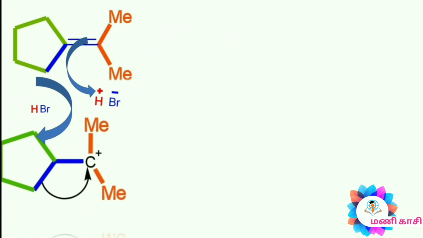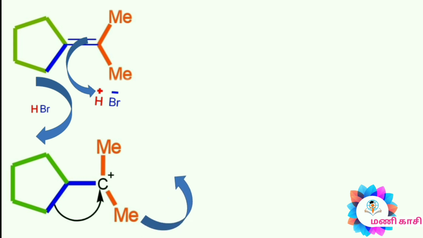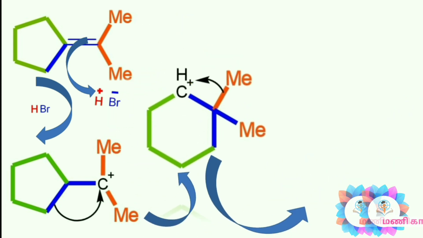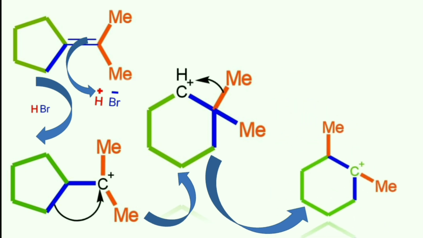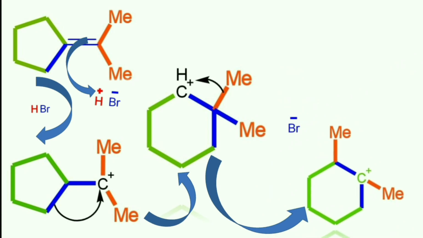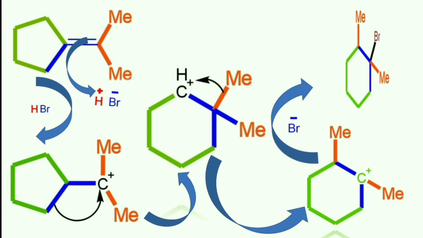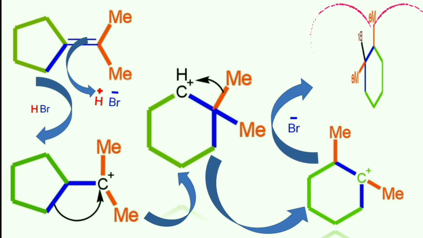Step 2, the bond is extended to the positively charged carbon. Step 3, methyl migrates to the positively charged carbon. It is also known as a 1,2 shift. Step 4, the bromide ion reacts with the tertiary carbocation, and it gives 1-bromo-1,2-dimethyl cyclohexane.